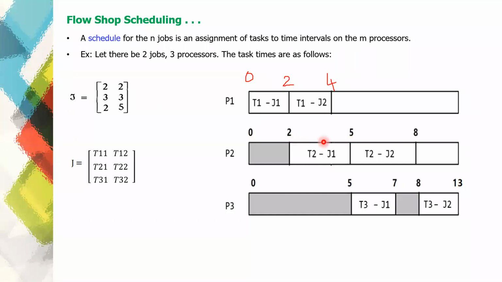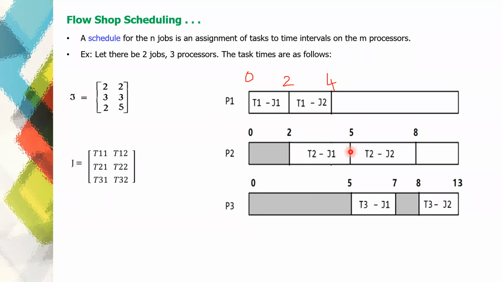How much time is it taking? Task 2, job 1 is T21, and this value is 3. So it's taking 3 time units, from the 2nd time unit to the 5th time unit. It's done. Once this is done, processor 2 becomes free.